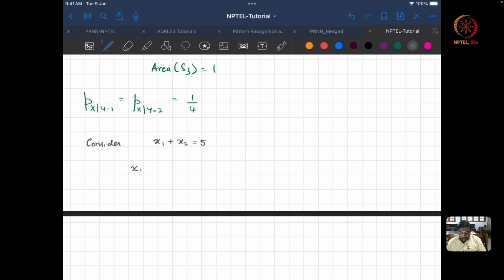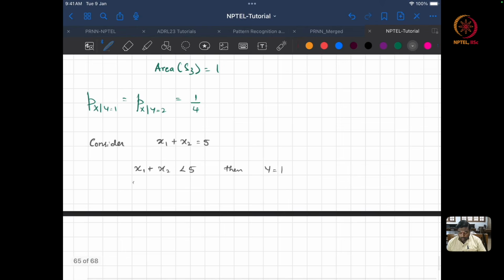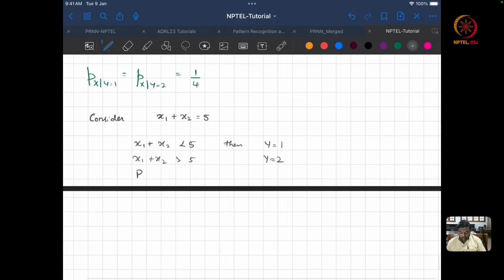If x1 plus x2 is less than 5, then I am saying that y is equal to 1. If x1 plus x2 is greater than 5, then I am saying that y is equal to 2. What if it is equal to 5? We break ties arbitrarily.